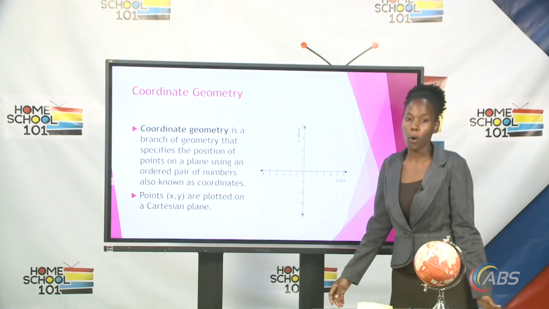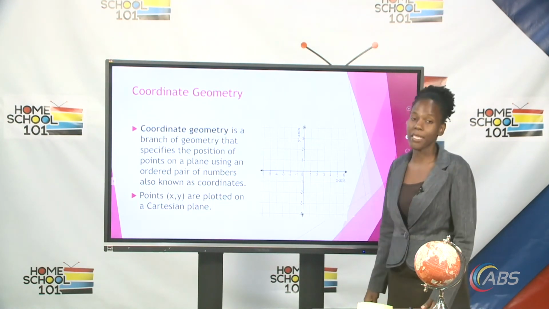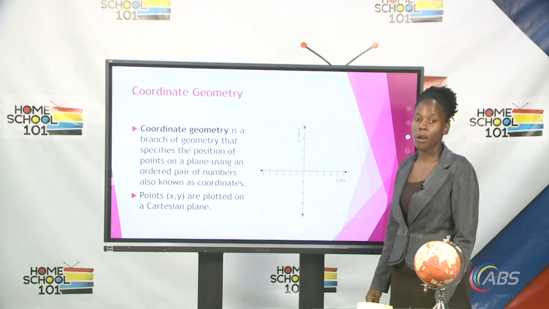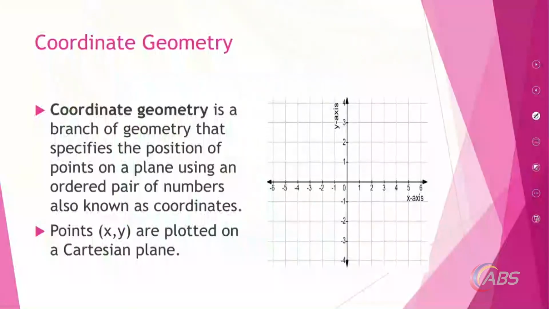Coordinate geometry is a branch of geometry that specifies the position of points on a plane using ordered pairs that we refer to as coordinates. The points, usually in terms of x and y coordinates, are plotted on what we call the Cartesian plane.